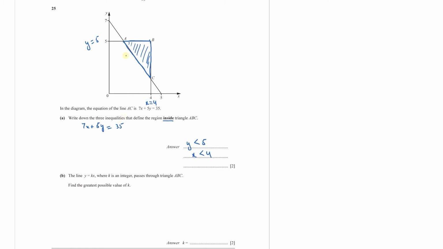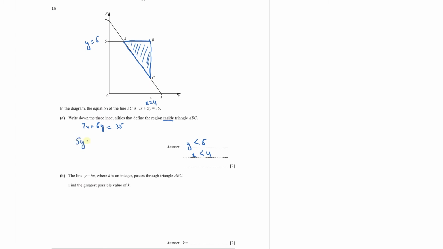So now you have to determine what inequality sign you have to put. Since y is not the subject of this equation, I prefer to make y the subject before I put in the inequality. The inequality will be greater than, because this shaded region lies above this line AC. So let's find the equation in terms of y for this line AC.